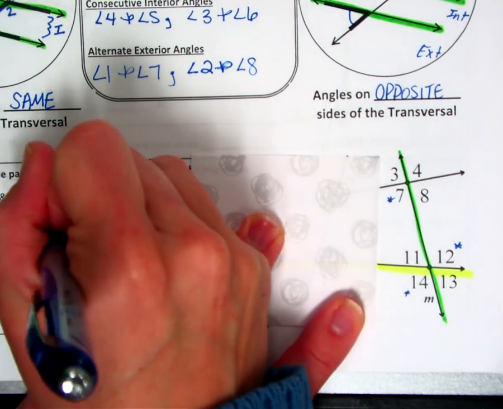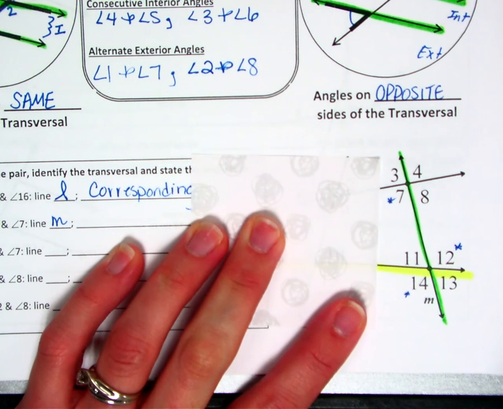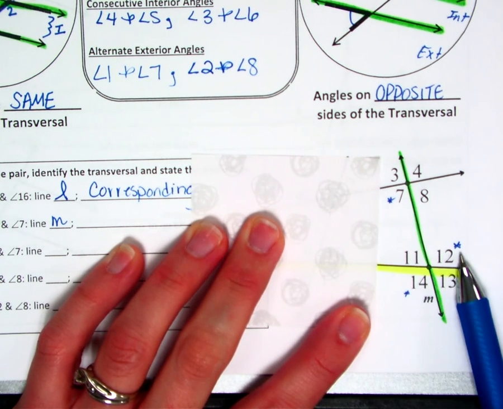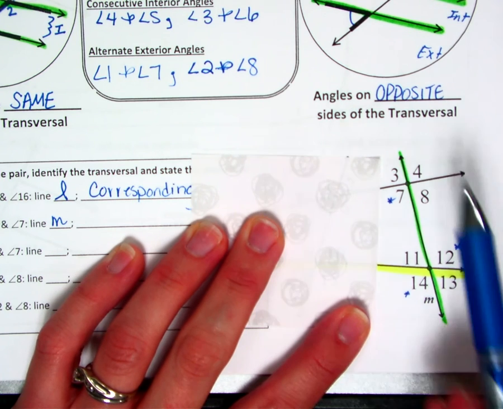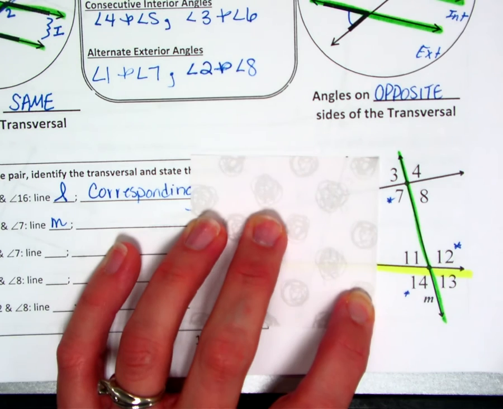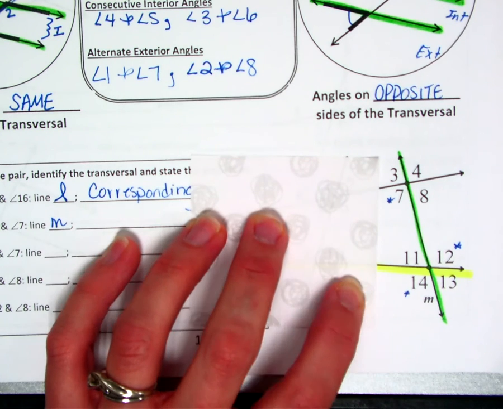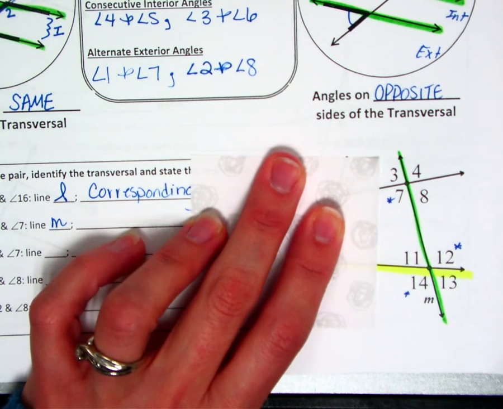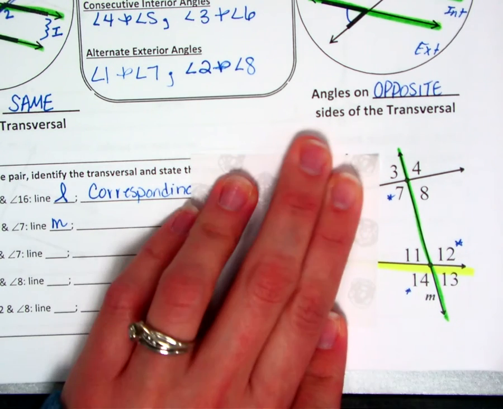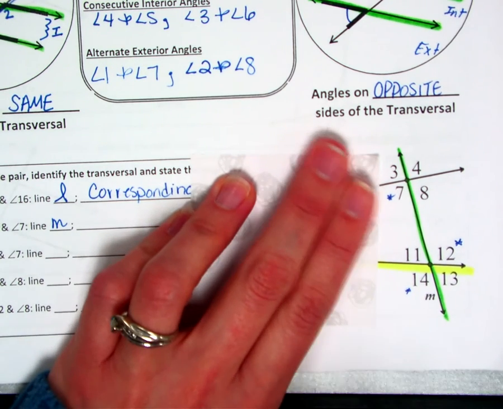Are they on the same side of line M? No, 7 is on the left, but 12 is on the right. So they're on opposite sides. So the question is, are they opposite interior or opposite exterior? And when we talk about interior, exterior, it's really important that you cover up all these extra angles and you're not looking at the whole picture.